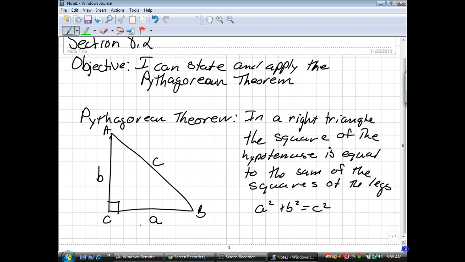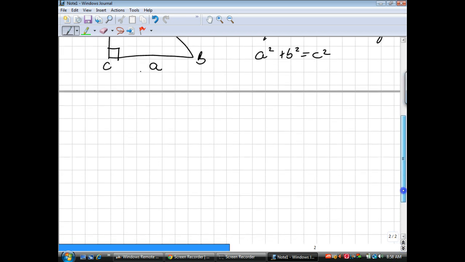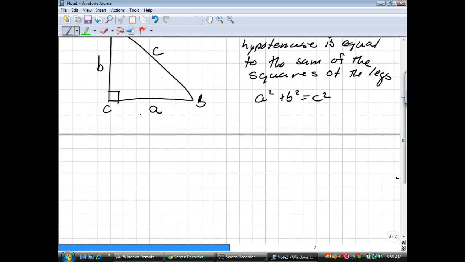Okay? And so we can use that fact to find unknown values.